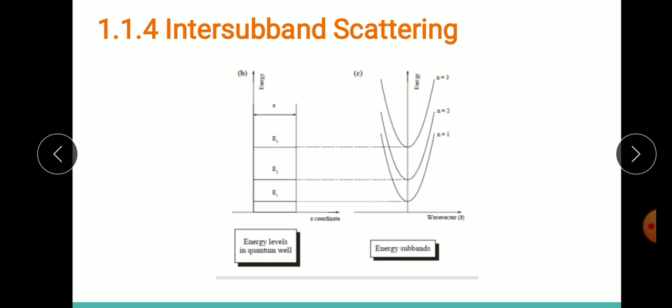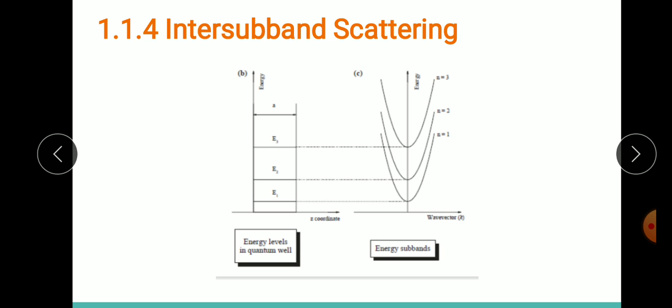Now, if the electron concentration is high enough so that your Fermi level just crosses your energy level E2, what happens? The electron with energy near your Fermi level can undergo two types of scattering.